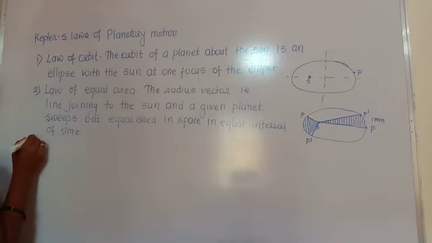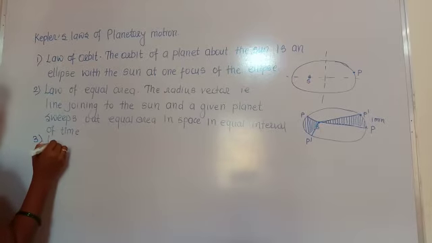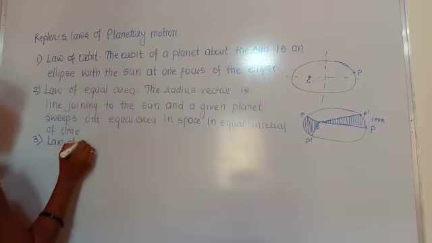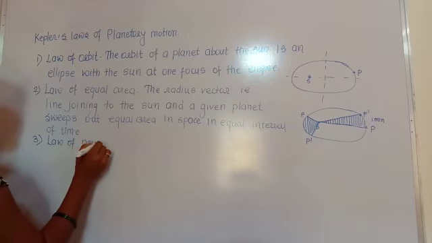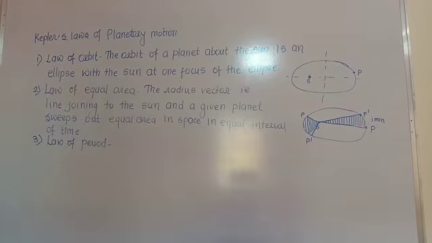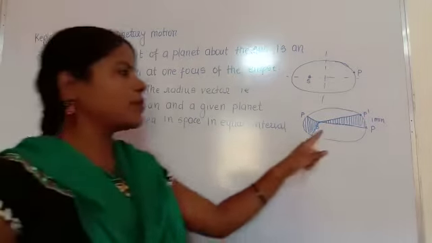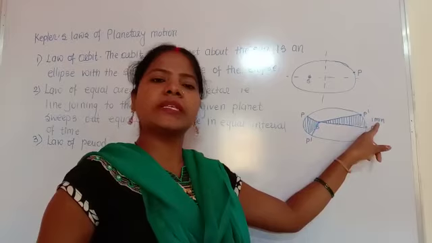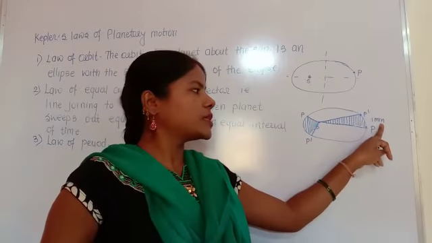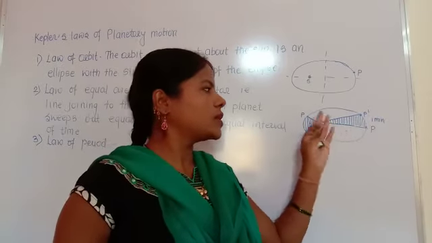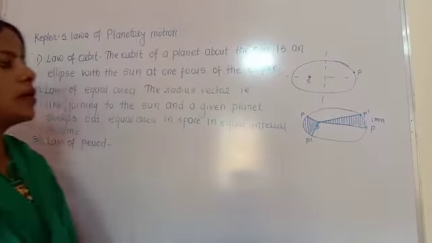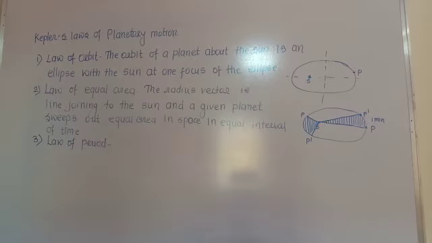Then the third one is the law of time, or law of period. The area becomes equal after 1 minute, which means there is a relation between the velocity of the planet at its position and time.